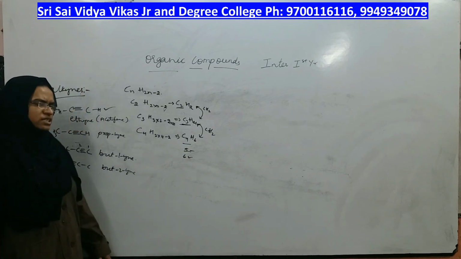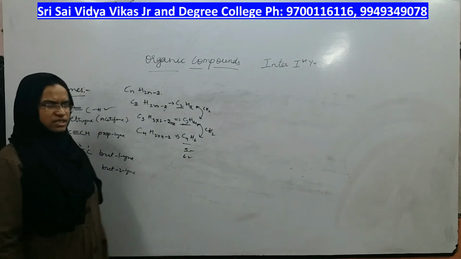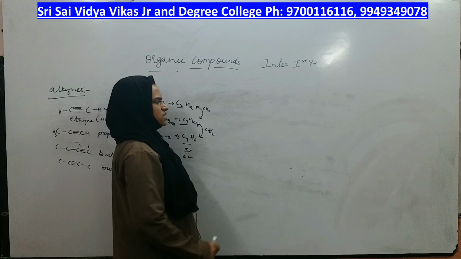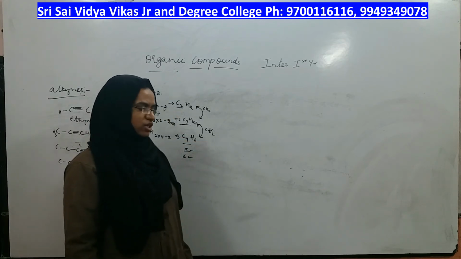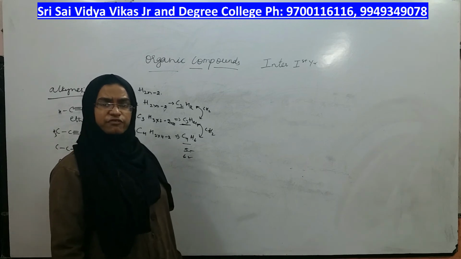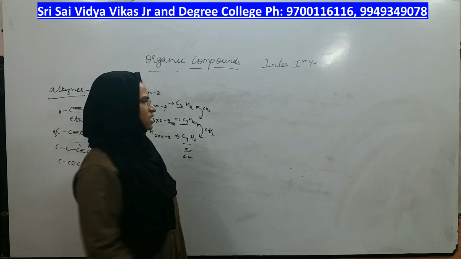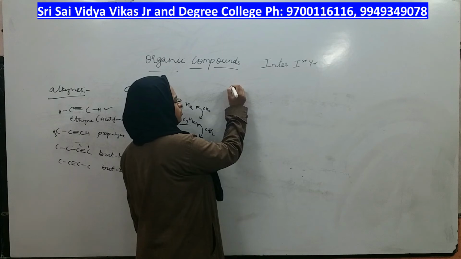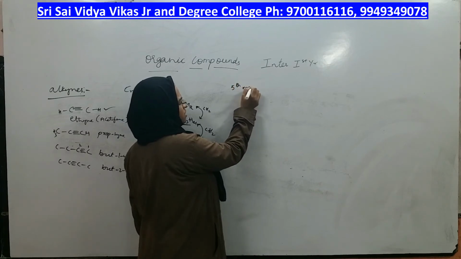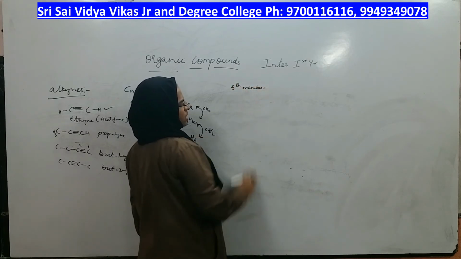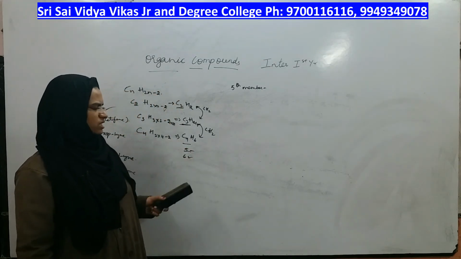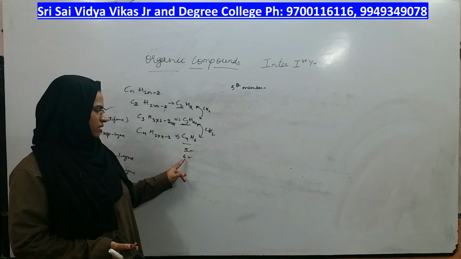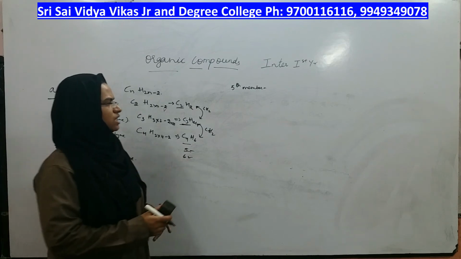Now let us do a textbook exercise in which they are asking, write all the structural isomers for the alkyne of the 5th member in its series. In the series of alkyne, who is the 5th member? For that alkyne, you write all the structural formulas. The 5th member should have 6 carbons, right?